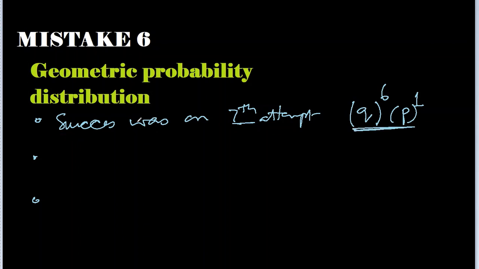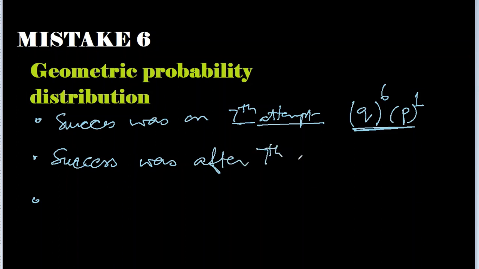They will not tell you that someone failed 6 times and then he got success in the 7th attempt, right? They will say success was on the 7th attempt for the first time. So you should understand that 6 times the person failed. The second type of question is that success was after the 7th attempt. They won't tell whether it was the 8th attempt or 9th or 10th, we don't know, right?